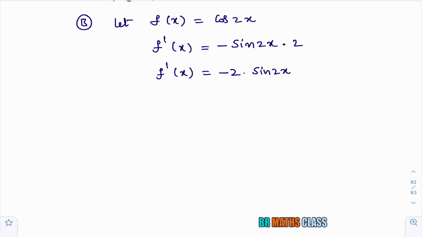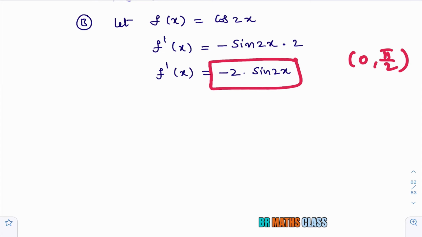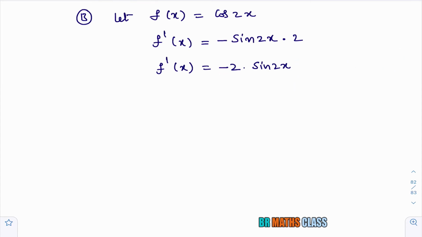Now I need to check whether in open interval 0 comma pi by 2 this function's derivative is strictly less than 0 or not. The only problem to understand here is that 2x is there. This is not x. This is 2x.